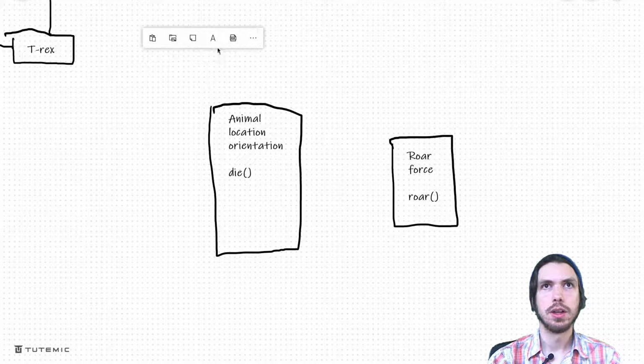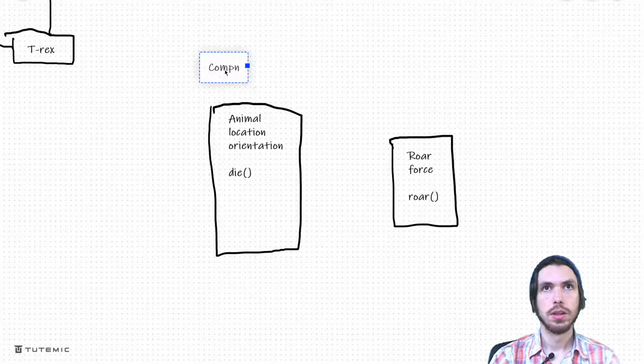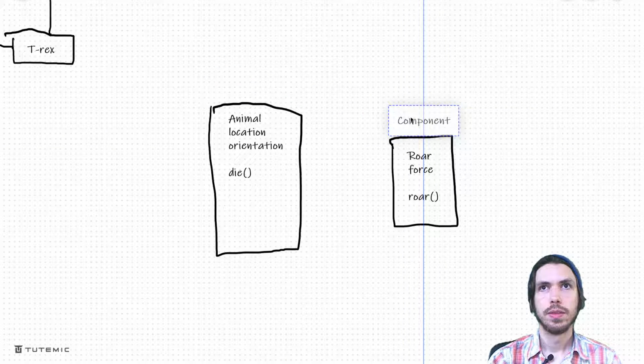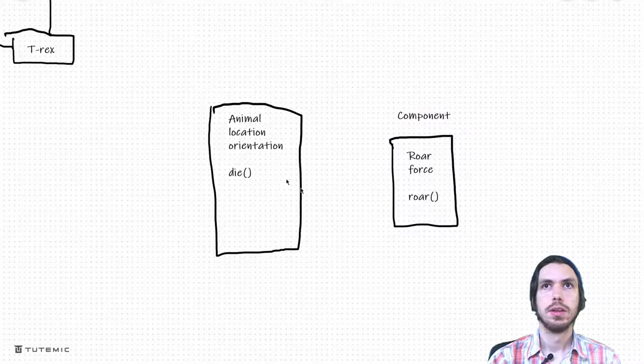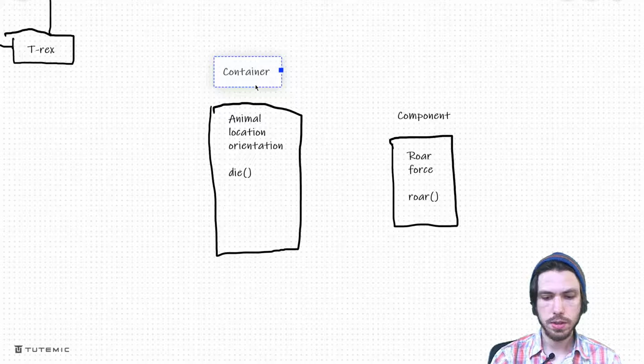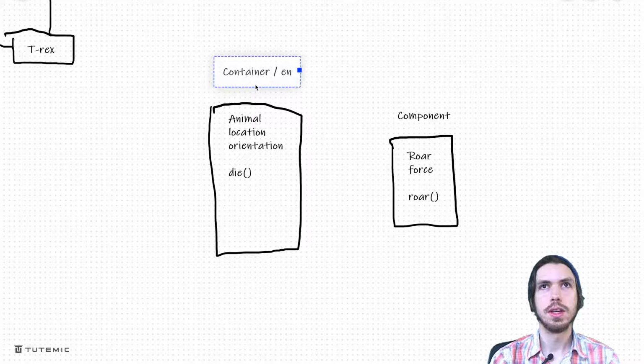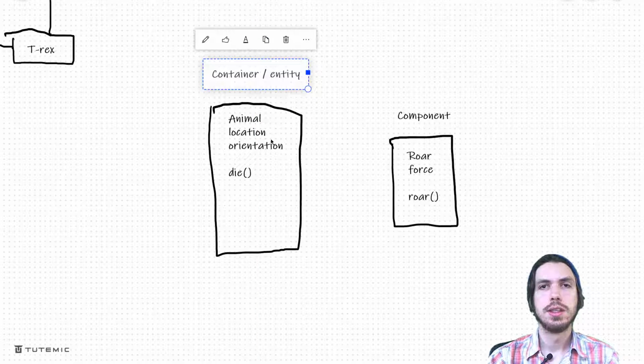So when we're talking about a component, this is a component. And here is what you would maybe call a container, or often we will call it an entity. This isn't container divided by entity. A container is also sometimes called an entity. It's the object itself.